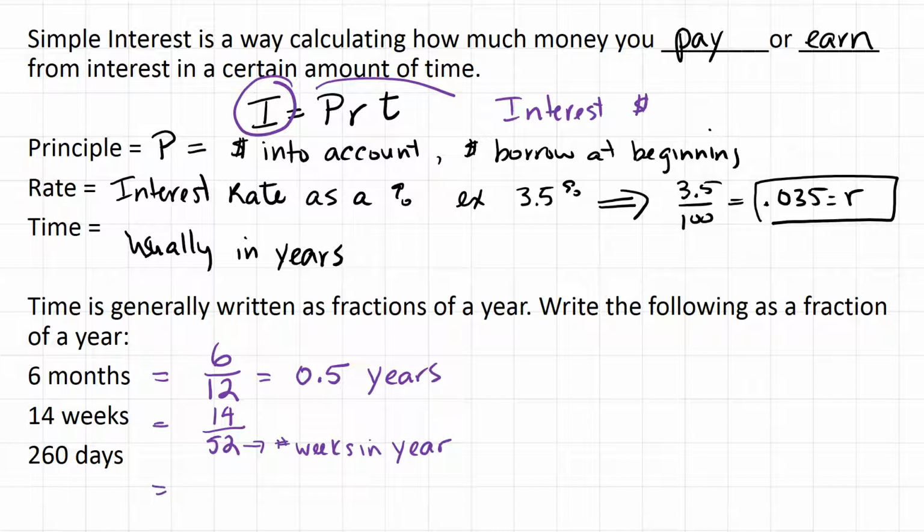So 260 days as a fraction would be 260 days out of a total of 365 days, because that's how many days there are in a year. So when we're given time that is not in years, we have to convert it to years by changing it into fractions.